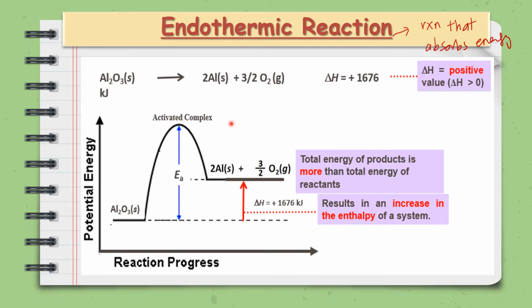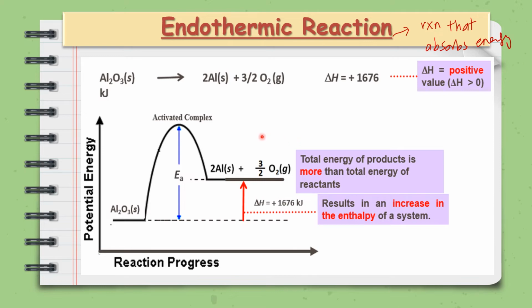So that's why the total energy of product is more than the total energy of reactant, and that is why, from the previous slide, I told you that the enthalpy of the product is higher than the enthalpy of the reactant.